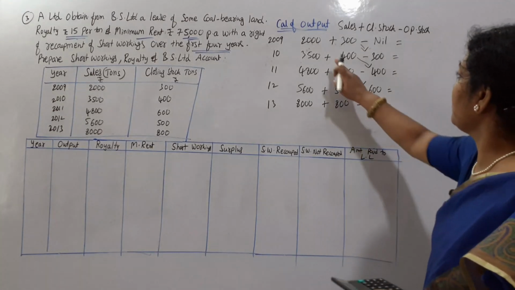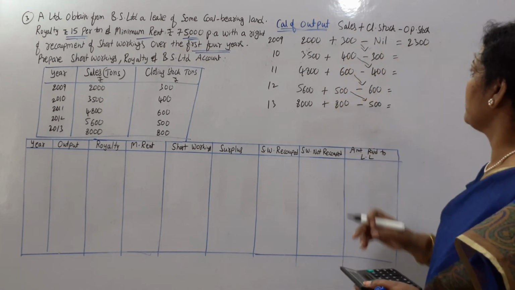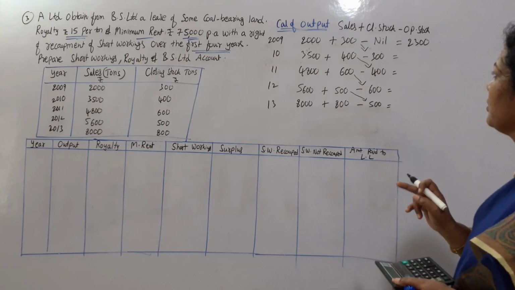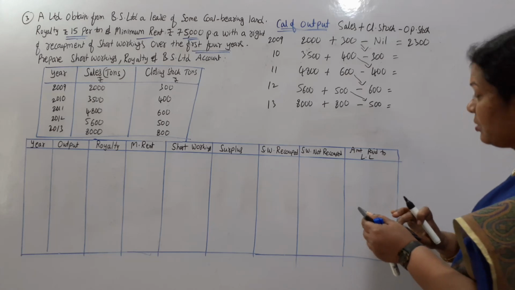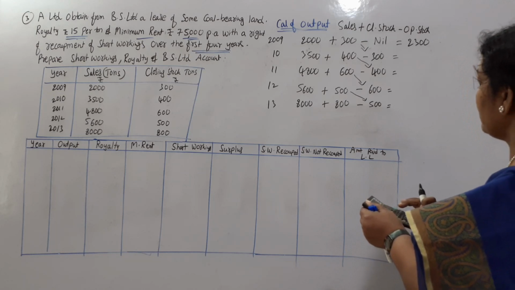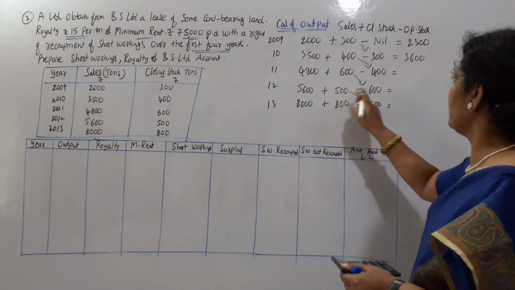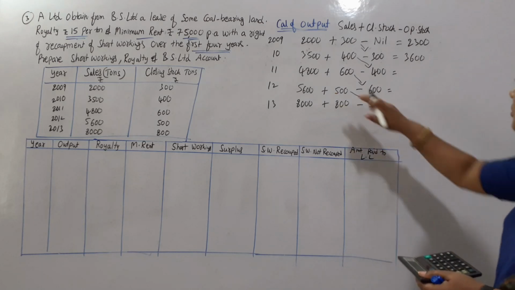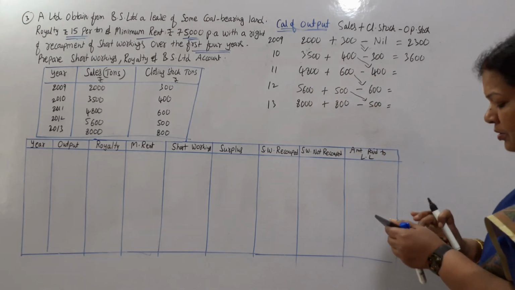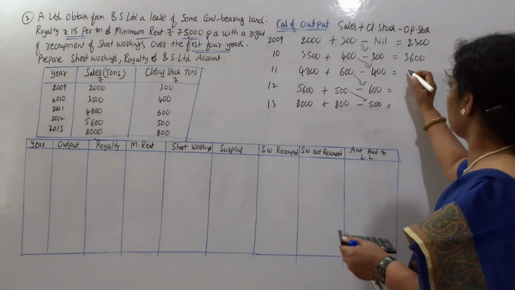So let me use the calculator. Here it is 2,300, and this one is 3,900. Add and minus, it is 3,600: 3,500 plus 400 minus 300 means 3,600. And here it is 5,500. This one is 4,800 plus 600 minus 400, 5,000.